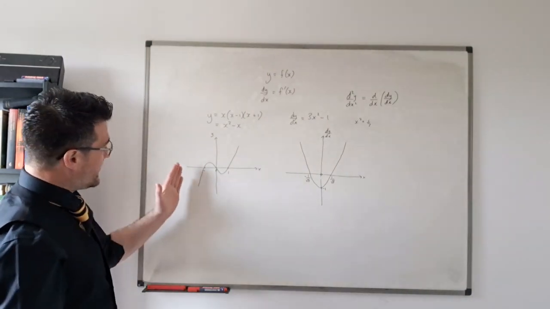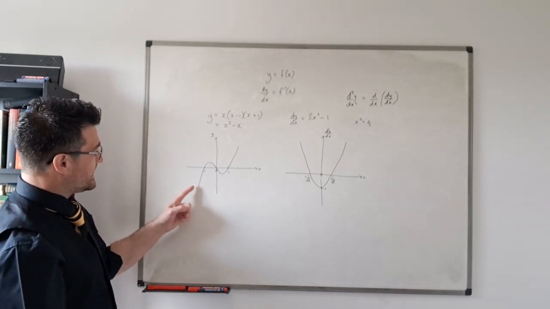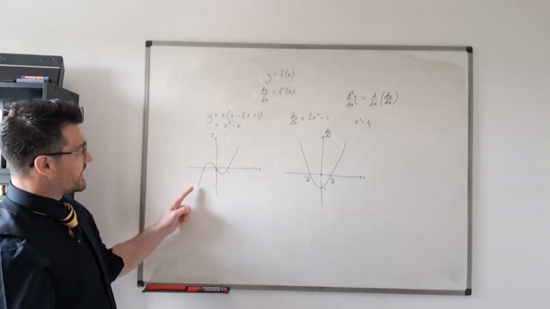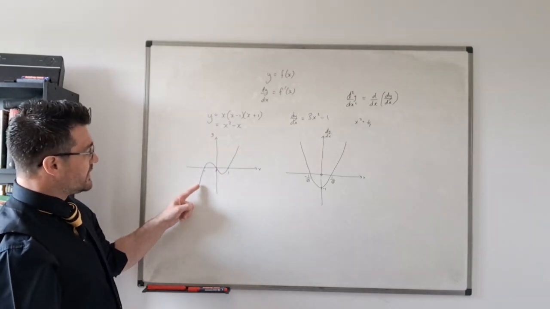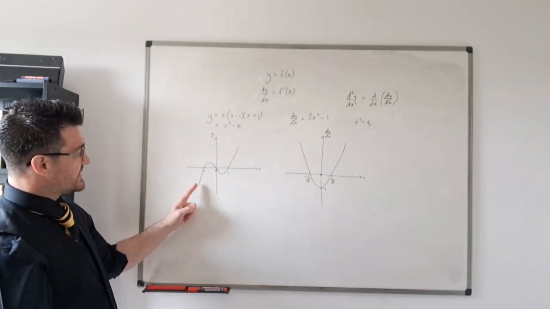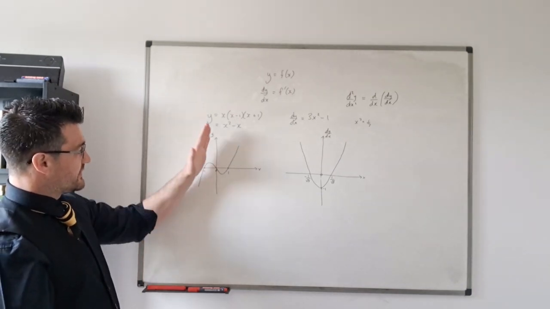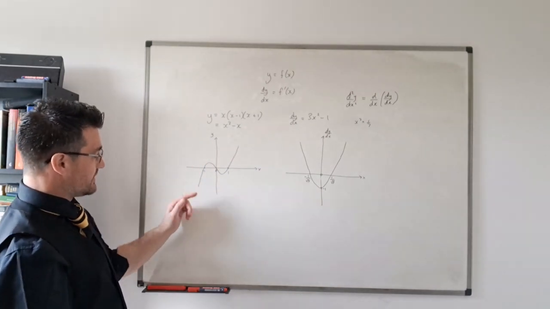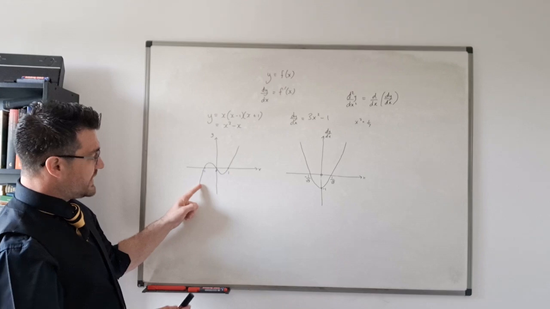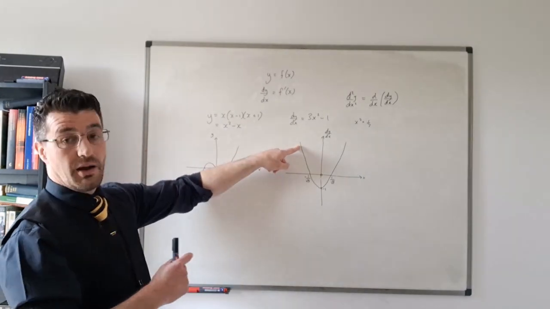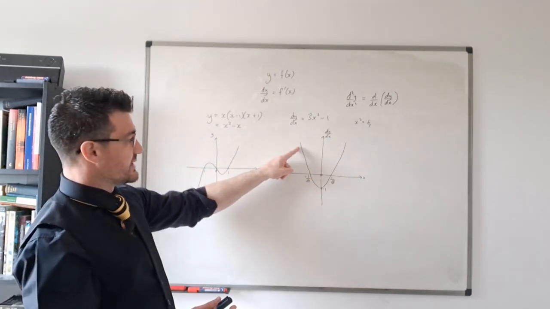Okay, so what I see then is, let's say I start here on my graph of y equals x cubed minus x, or f of x. What do I see? If I were to draw a tangent line here, what would I see? I'd see a very positive gradient tangent line. So the gradient is positive here, so I would expect the gradient function to be above the x-axis.